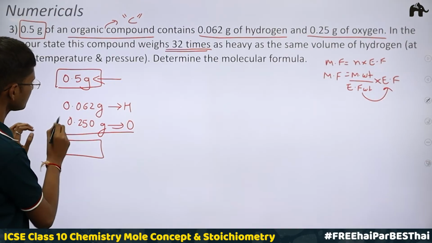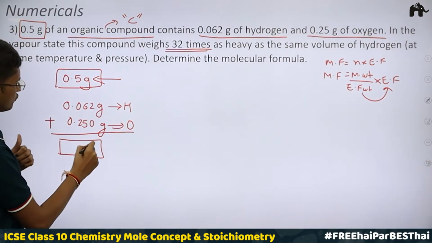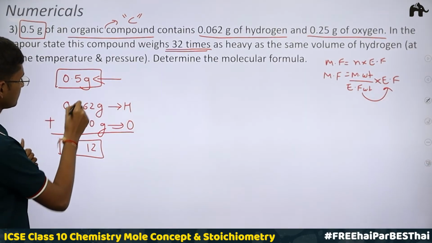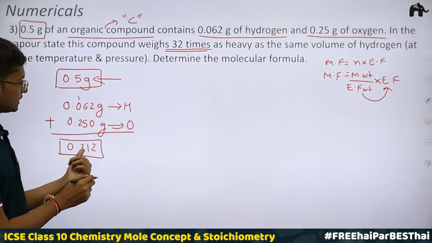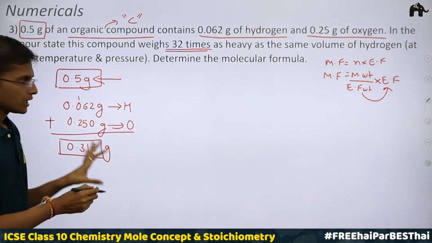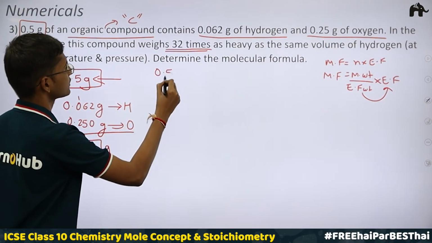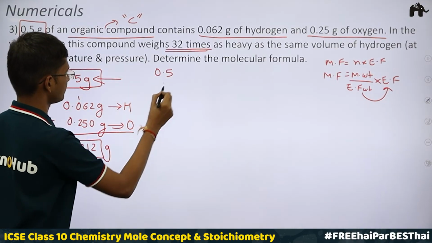So here I'm adding it: 2, 11 and then 3. So 0.312 grams. Now I'm subtracting this 0.312 from 0.5.